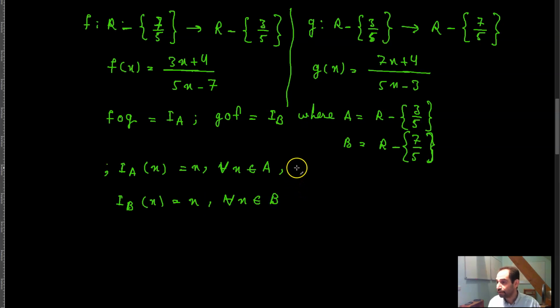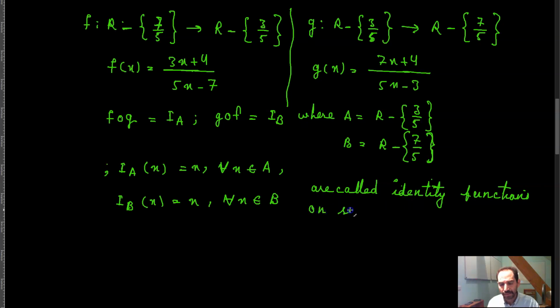These are called identity functions. So these two functions are called identity functions on sets A and B respectively.